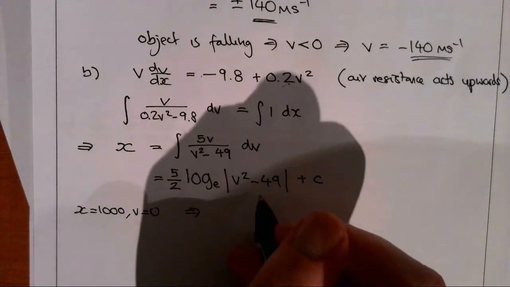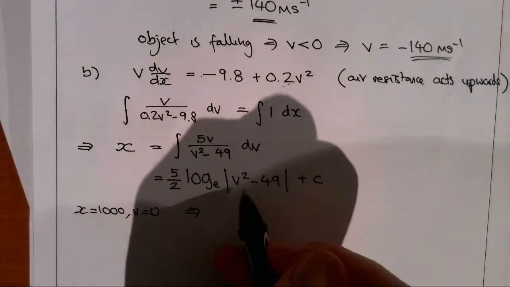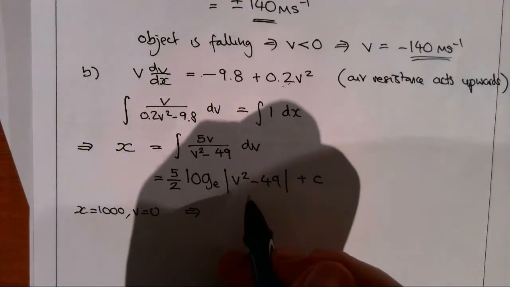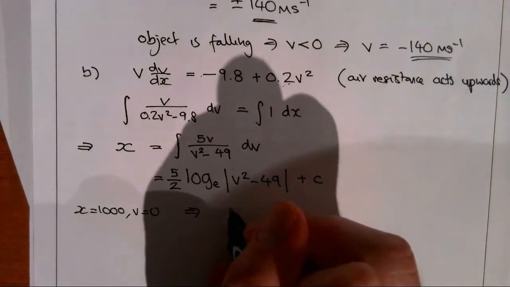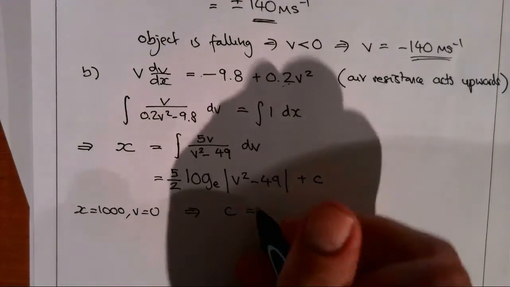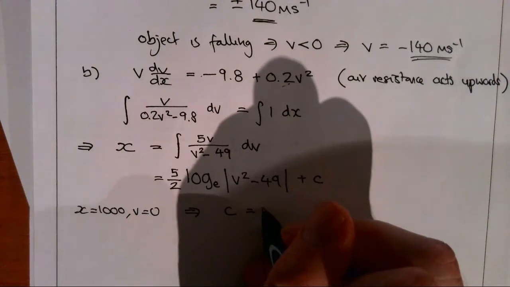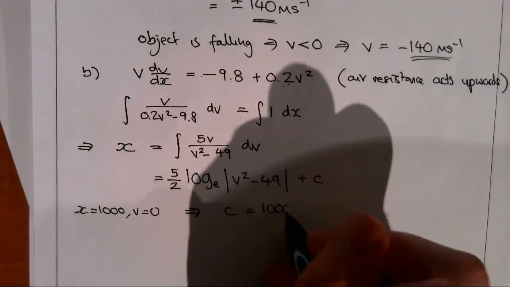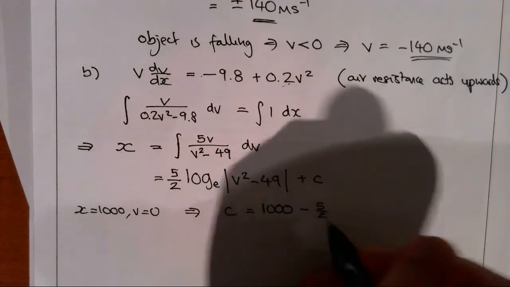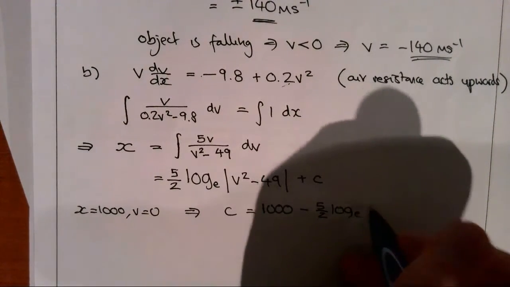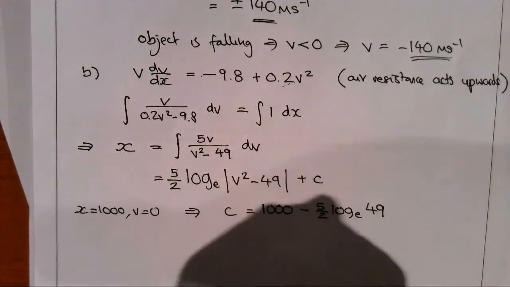Substituting that in, I'm going to get log of 49 here. So I think you end up with c equals 1000 minus 5 over 2 log base e of 49.